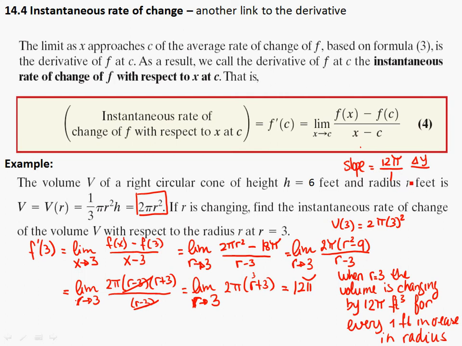In this case it's a 1 foot radius. So at R equals 3, the volume is increasing by 12 pi cubic feet for every 1 foot increase in radius. You should be able to put that in context, because it's not just 12 pi, it actually describes something a little bit more than just 12 pi being a slope.